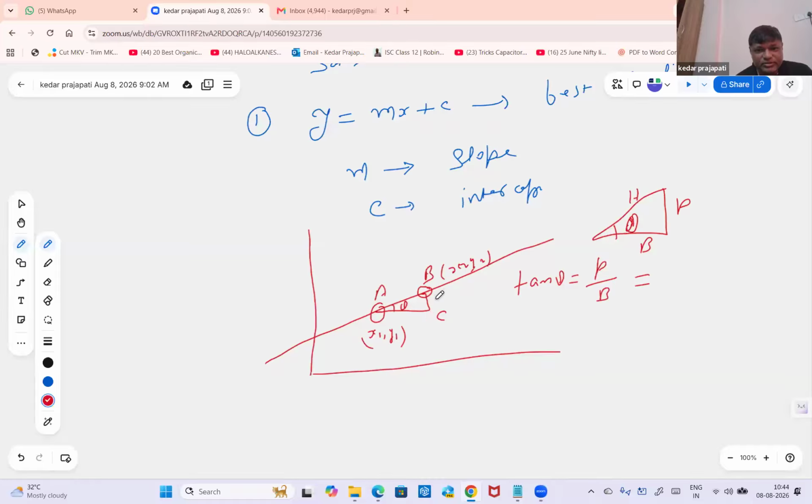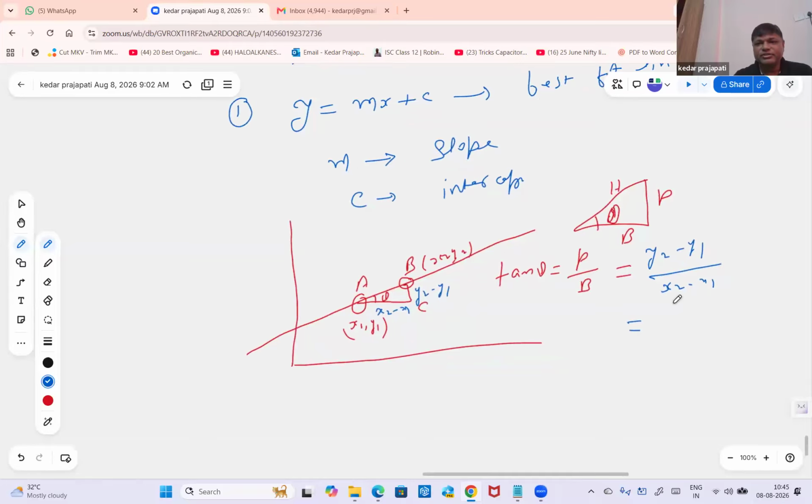Then this length is y2 minus y1, right? And this horizontal length will be x2 minus x1. It means y2 minus y1 over x2 minus x1.